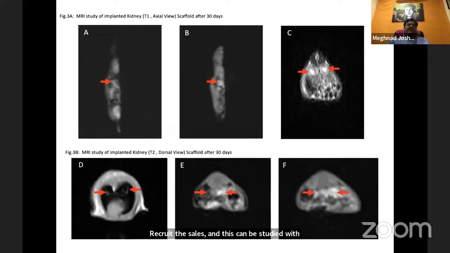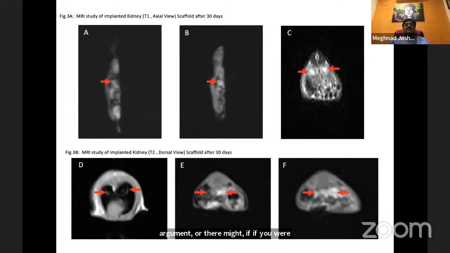Of course, MRI is an important tool where you will be able to see if there is a functional organ, or if your transplanted kidney piece has created any problem.